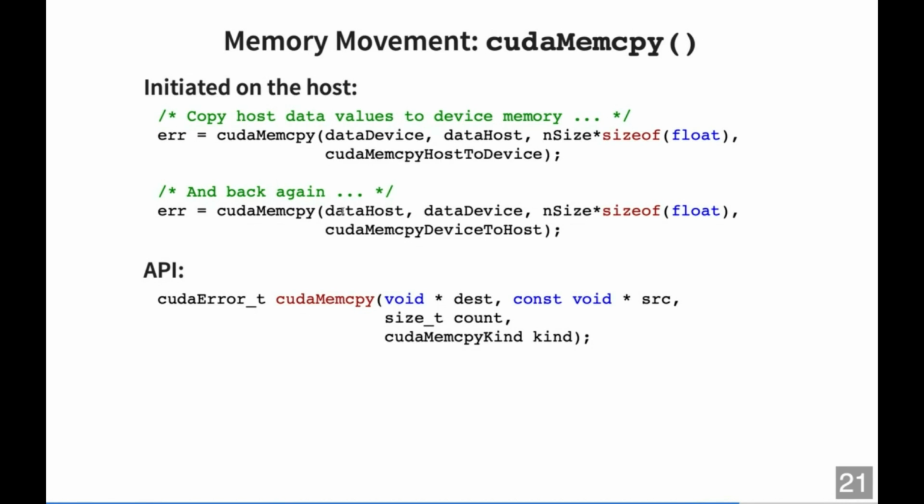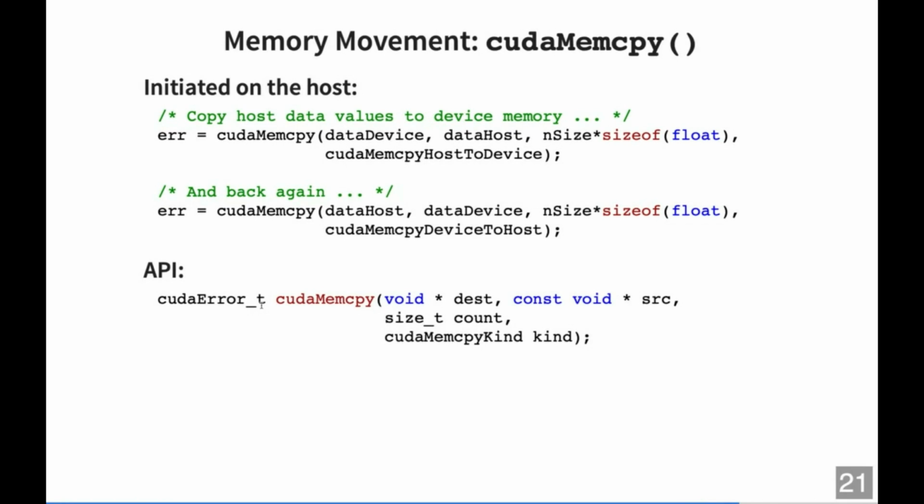The destination is now the host and the source is the device pointer, a certain number of bytes, and we have this special value cudaMemcpyDeviceToHost, indicating the direction. So in general, this is the API call.